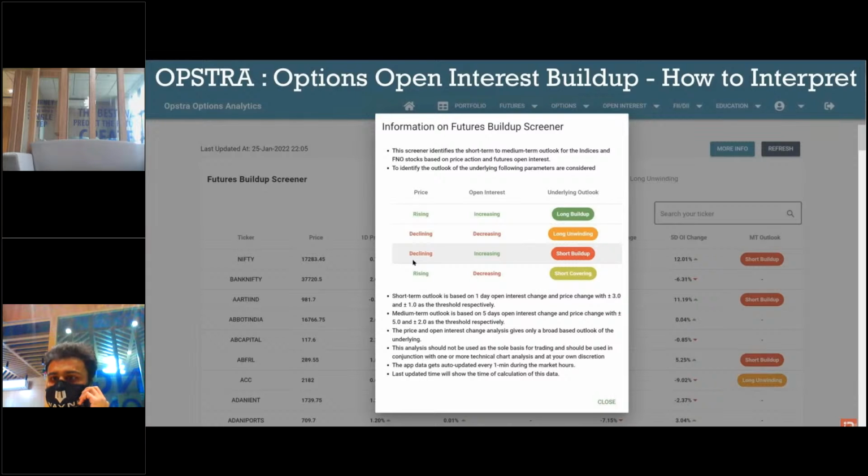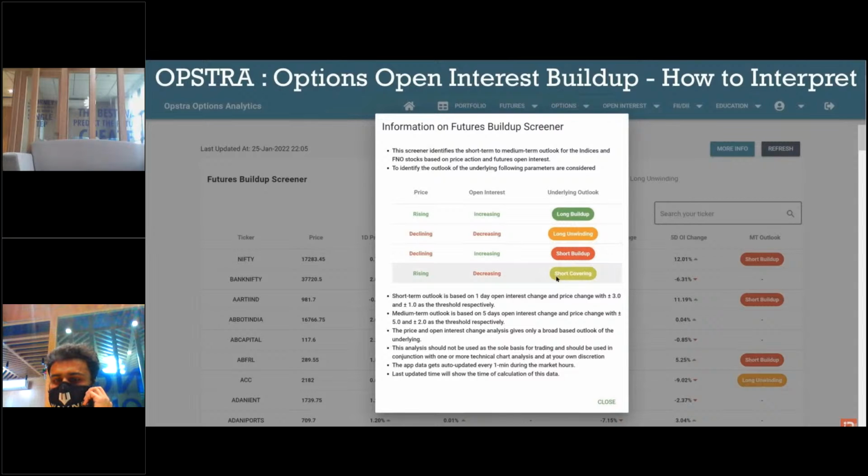They're building up short positions in the put option, so there's an increase in open interest. But when they build up these positions, there's selling pressure and, as a result, a decrease in price. So if there is an increase in open interest accompanied by a decrease in option price, we call it short build-up.